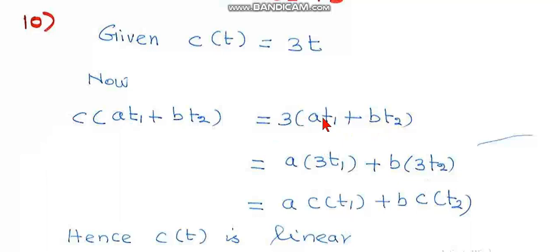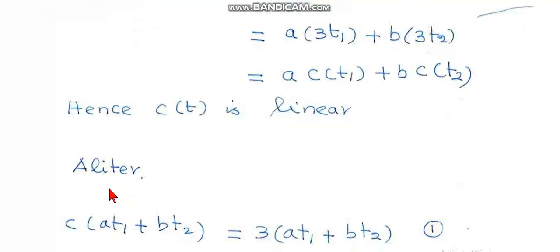I rearrange this. I put a outside 3t1, because if it is 3t1 I can write it as C of t1. I write b outside 3t2, because for 3t2 I can write C of t2, because C of t2 is 3t2. Now I have shown C of at1 plus bt2 equal to a into C of t1 plus b into C of t2. So it's a linear function.